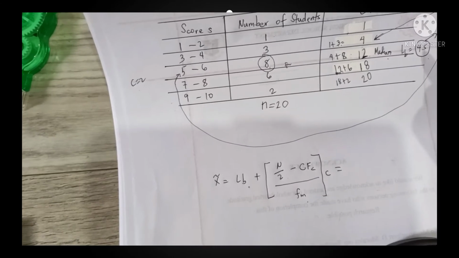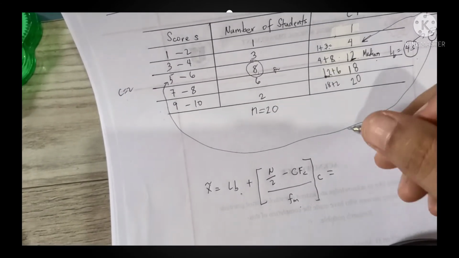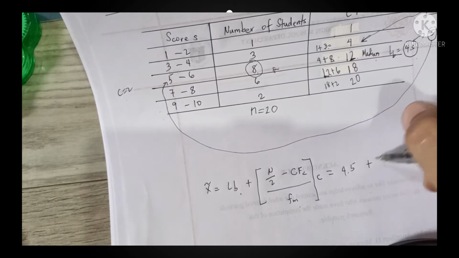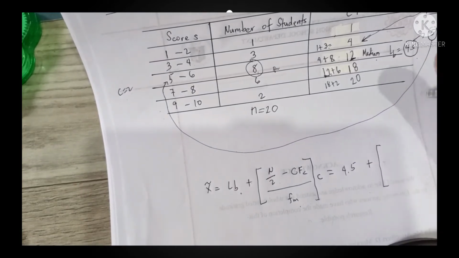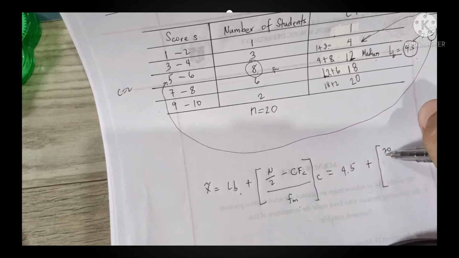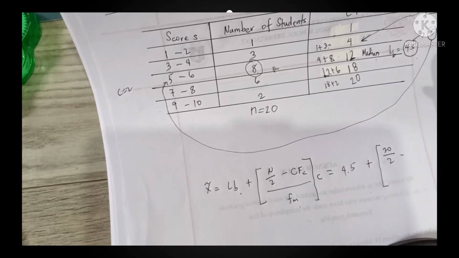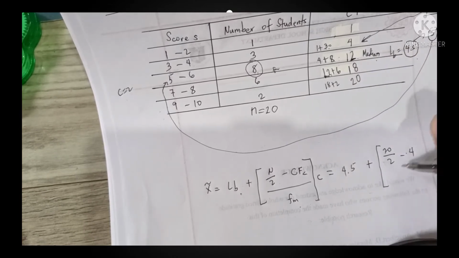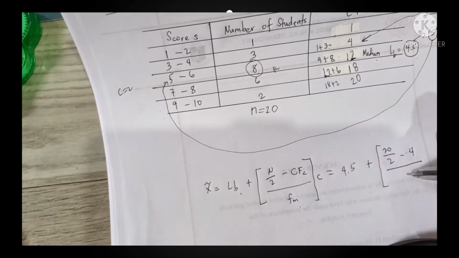The LB is 4.5. Then copy the bracket. N is 20, so 20 over 2 minus the less than cumulative frequency, 4, all over FM, which is 8.